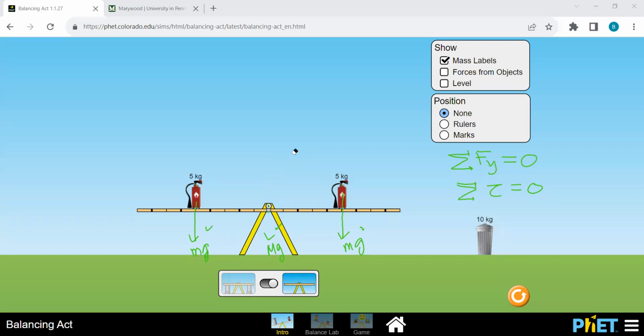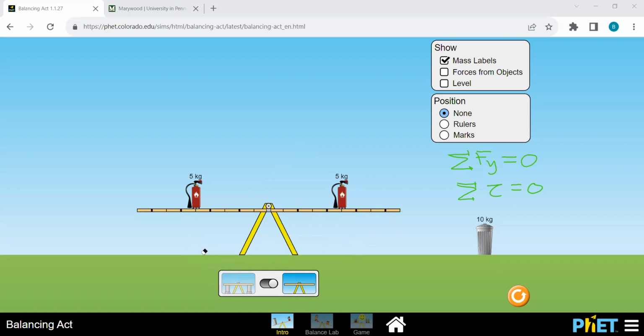Now, when you determine the net torque, you know that torque is related to the force. For each force, there will be some torque. So we have to determine the torque for each force. Here you see that there are 4 forces acting on this seesaw board.